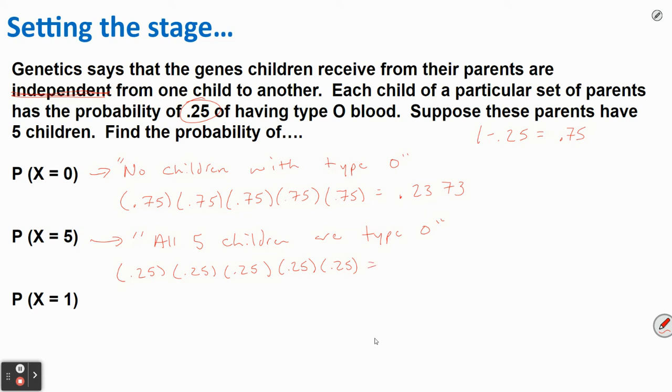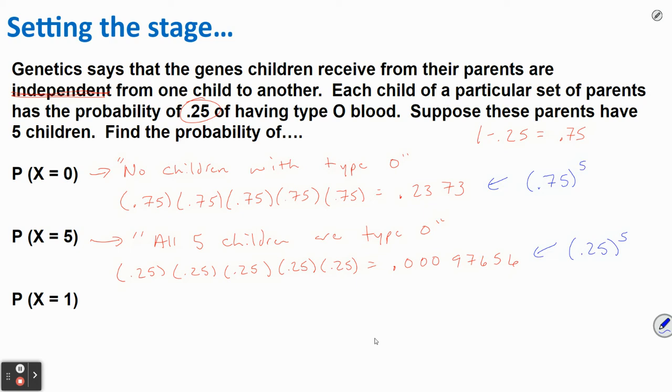If we calculate it out, we're looking at a really low probability, under 1%, 0.09765%. So really low probability of that happening. Let's also keep in mind for future reference that instead of typing in all this multiplication 5 times, I could have just gone this to the 5th, or this to the 5th.